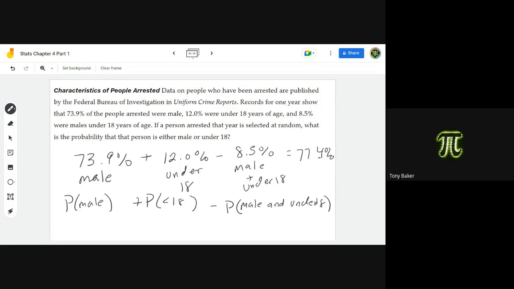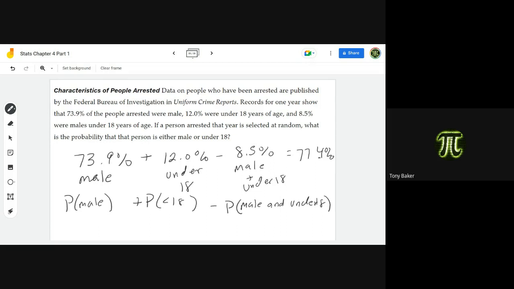What is the percentage of females that are under 18? You just subtract the male under 18. Very good.